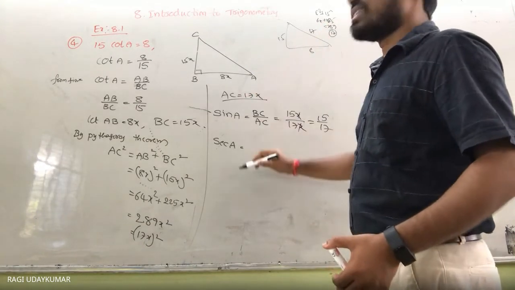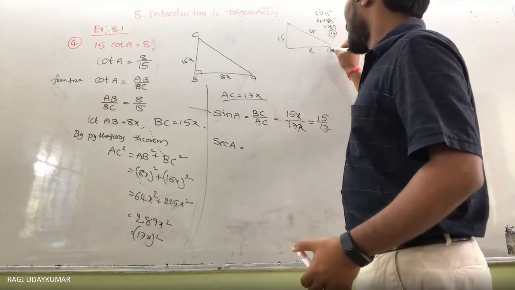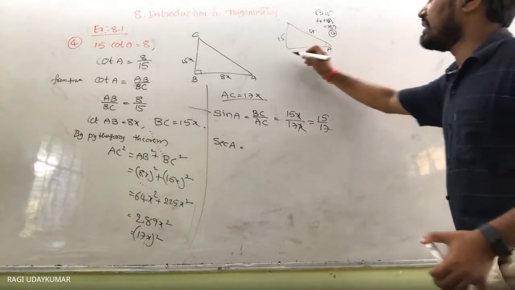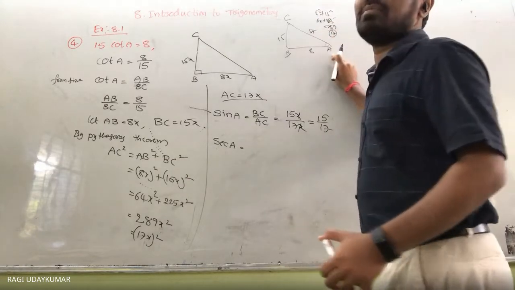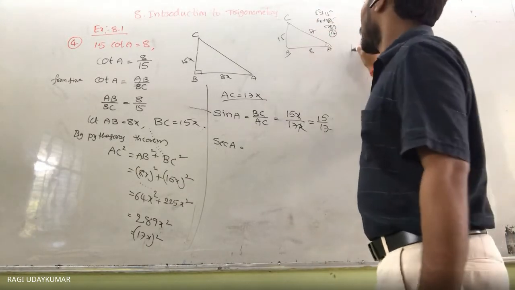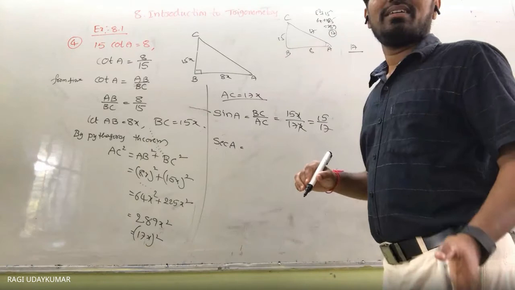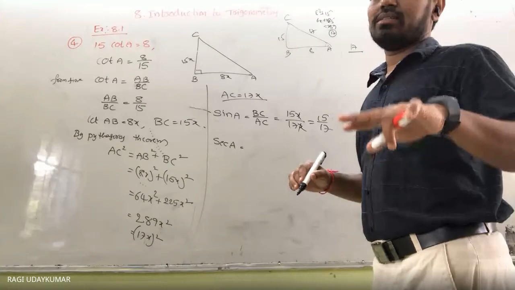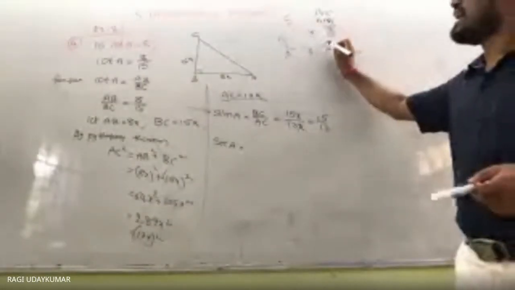Now what is it asking? The second one is asking for this angle, secant A. Secant is nothing but hypotenuse by adjacent. The hypotenuse is 17 by adjacent, so you are saying 17 by 8.